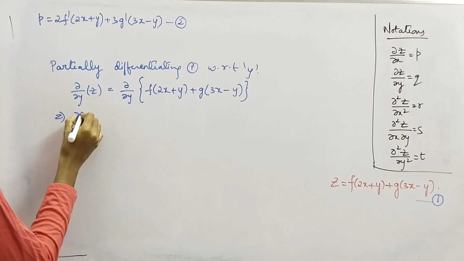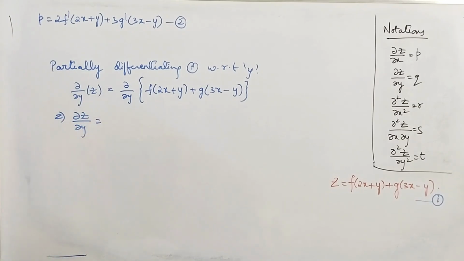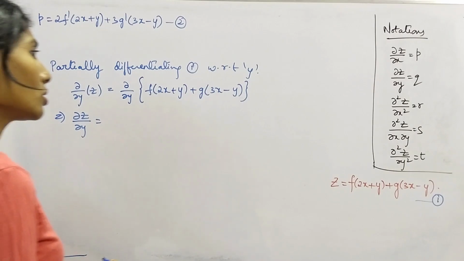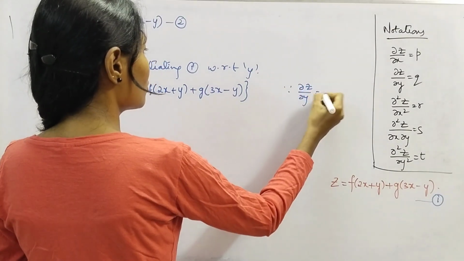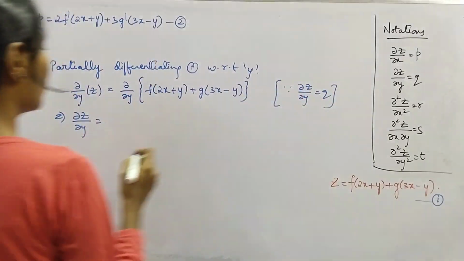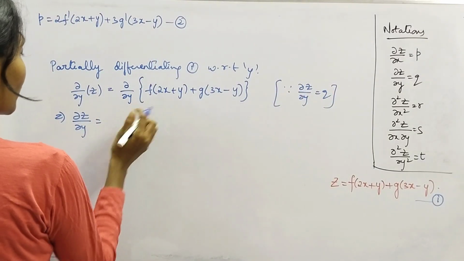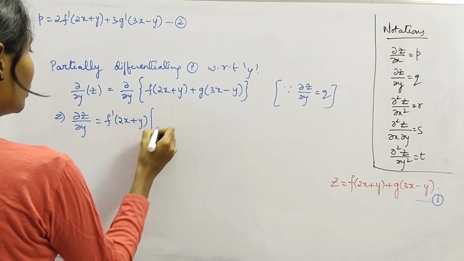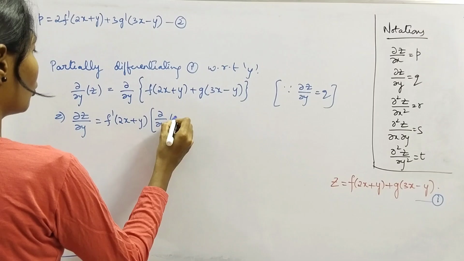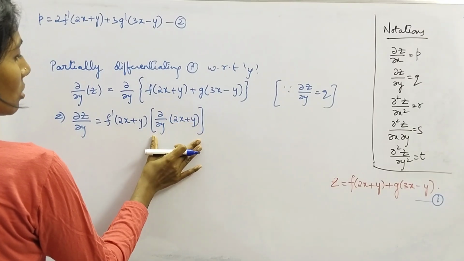This gives us dou z by dou y equal to, here we are partially differentiating with respect to y, so we'll treat x as constant, and also we'll use the notation dou z by dou y equal to q. The partial derivative of f of 2x plus y with respect to y is f dash of 2x plus y into inner derivative dou by dou y of 2x plus y, and also you can skip this step.